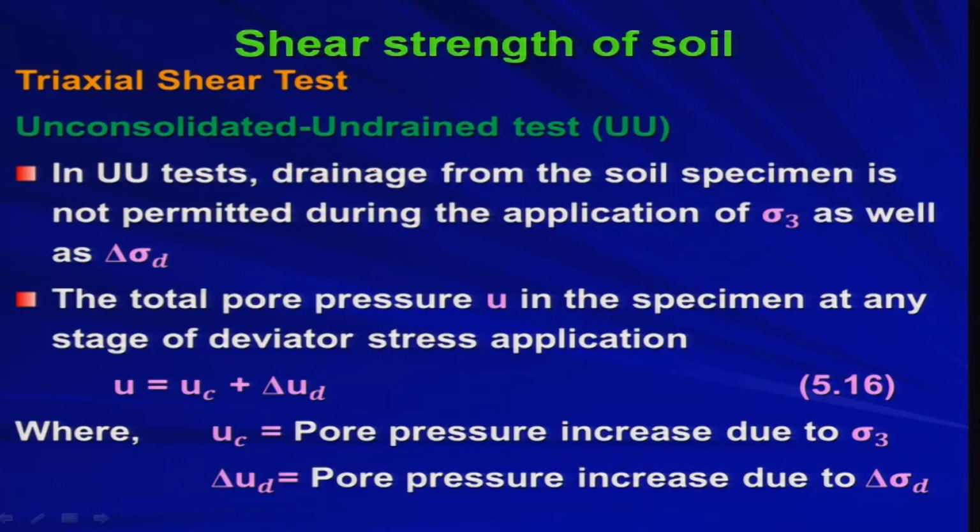Now, coming to the third type of triaxial test, that is the unconsolidated undrained test, known as the UU test. In the UU test, drainage from the soil specimen is not permitted during the application of sigma 3 as well as delta sigma d. Now, what does it mean?